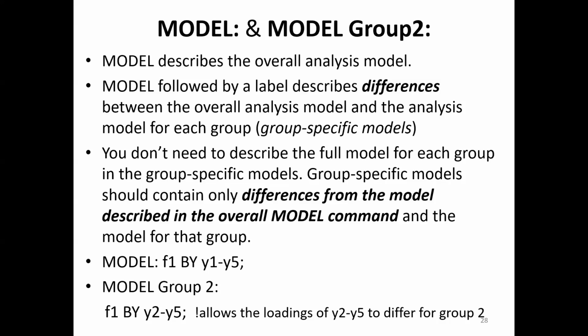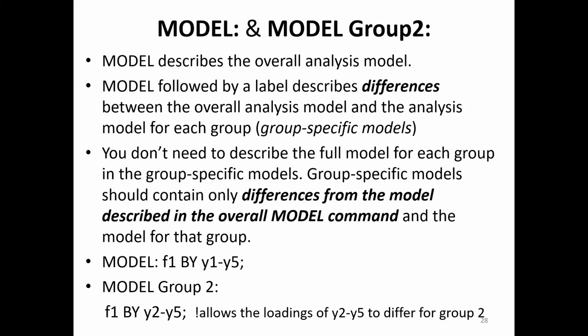Okay? So what I need to do to run the configural model is, where it says model female, put in the statements for the things that I want to allow to vary across the 2 groups. So I say model female colon, and again, I don't have to repeat the whole model. If I didn't want anything to freely vary across the 2 groups, I could put nothing in there, but I do.